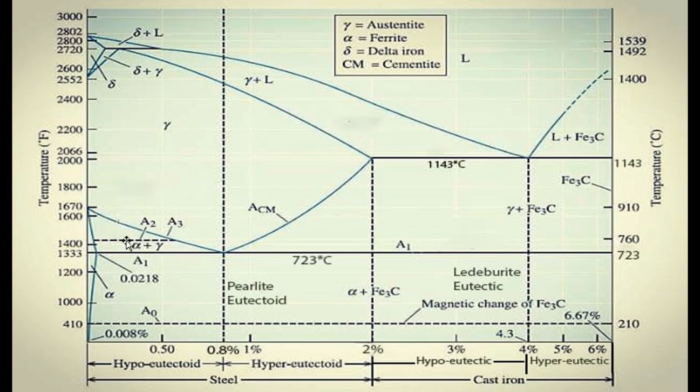Now 0.2% carbon steel. Here is ferrite, here is perlite, and there is the imaginary line of 0.2% carbon steel. For ferrite, I will take the branch opposite to ferrite touching perlite. So 0.8 minus 0.2 is the branch opposite to ferrite touching perlite, divided by the total distance 0.8 minus 0.008.